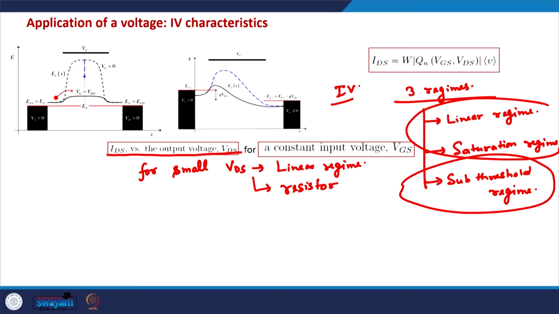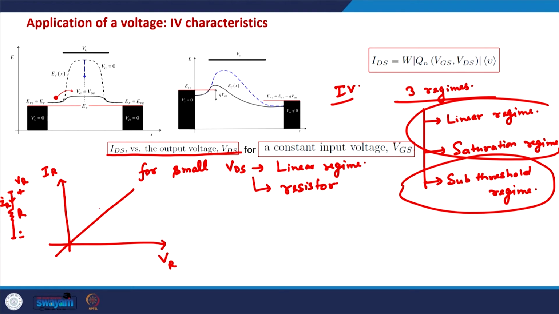Okay. And how does the IV characteristics of a resistor look like? If this is the current through the resistor and this is the voltage applied across the resistor, a typical resistor R, with a voltage VR applied and current IR flowing, then this will be a linear relationship, and the slope is given by the resistance of the device.